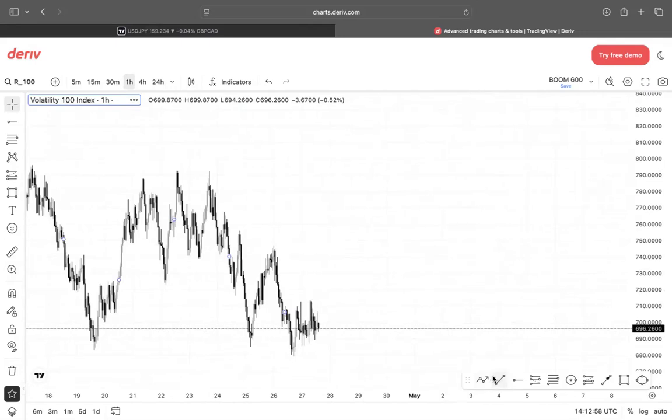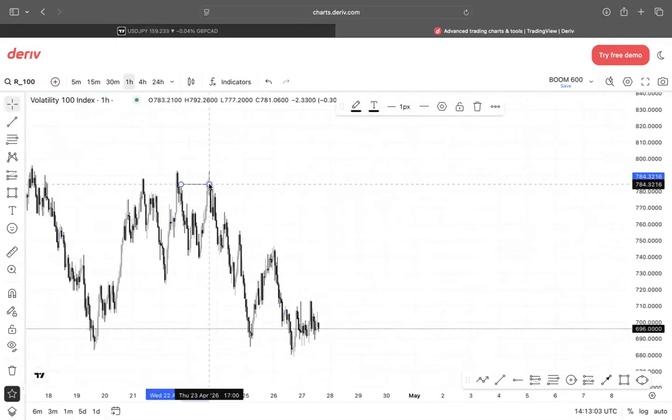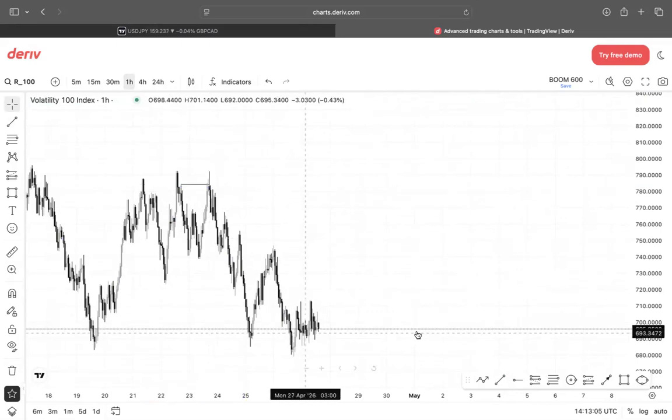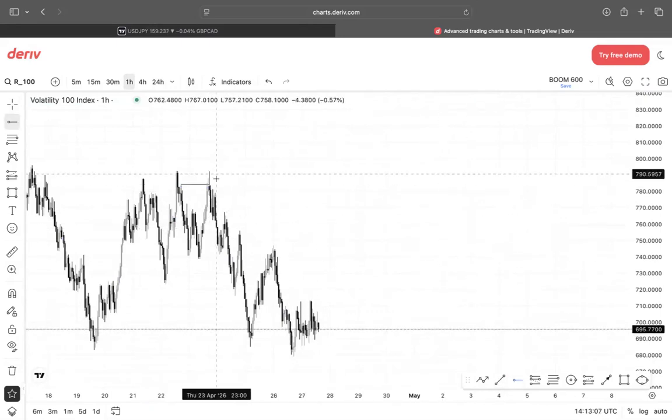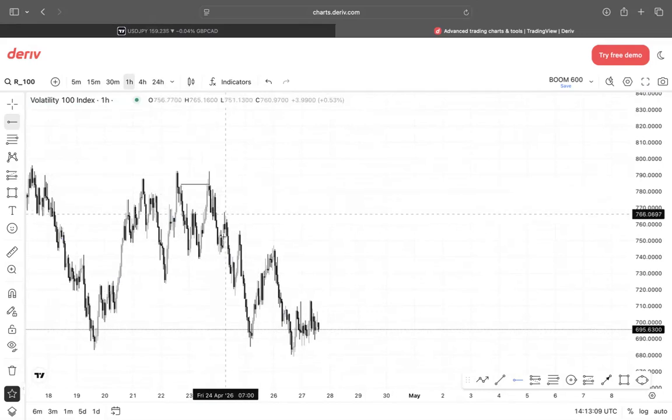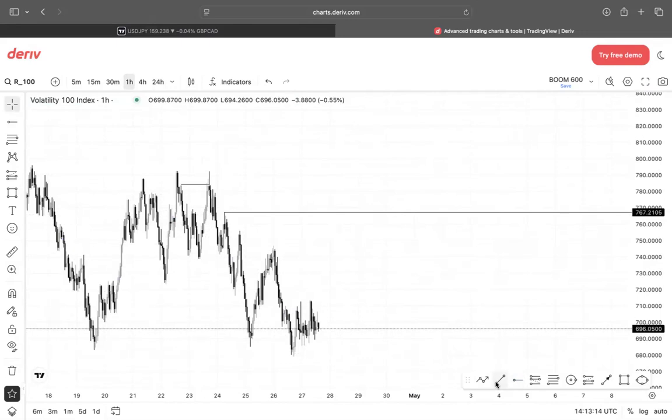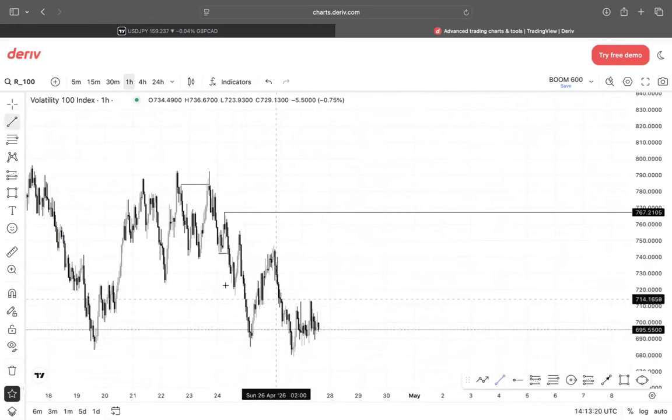We had an inner sweep here, and then we have a retracement here. This is our 50% retracement. So it gave an inner break of structure before finally breaking the full structure.